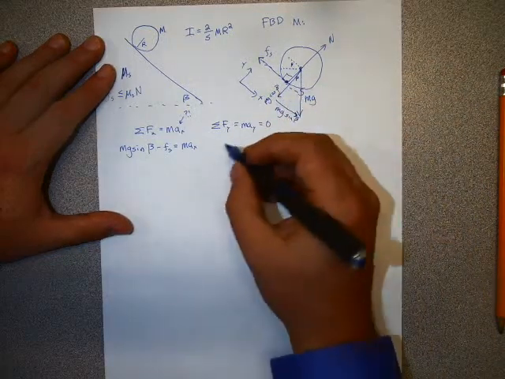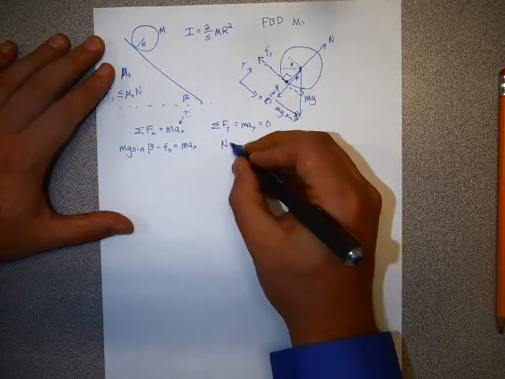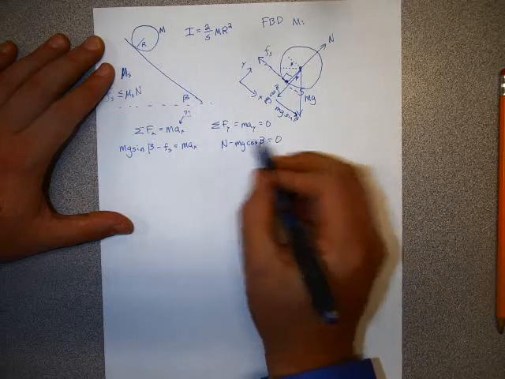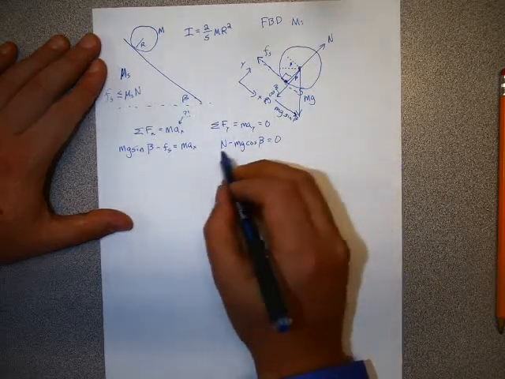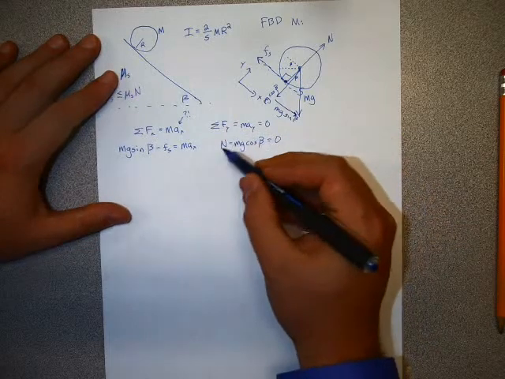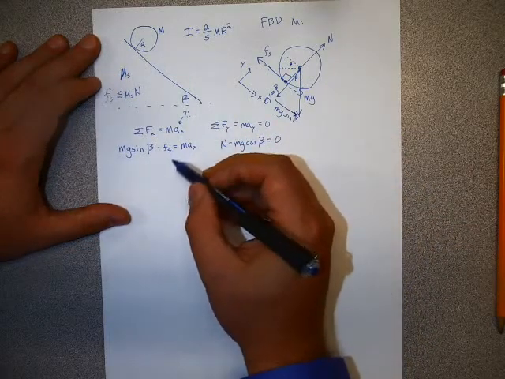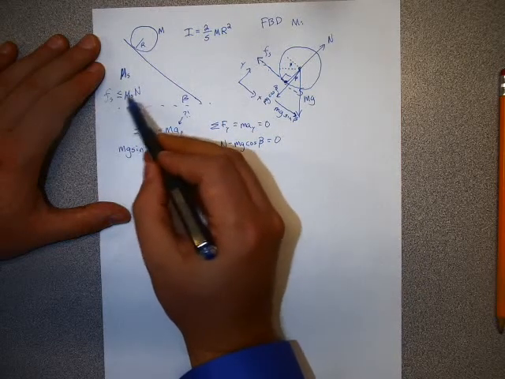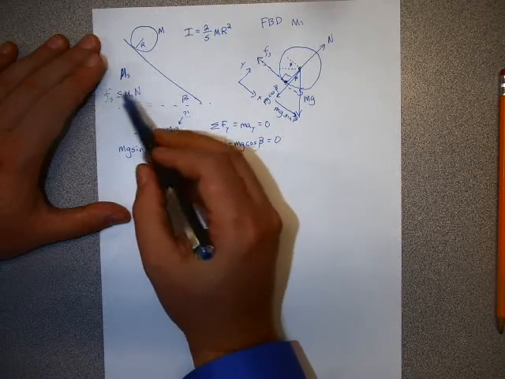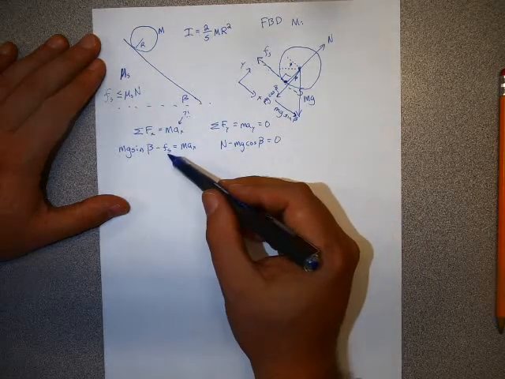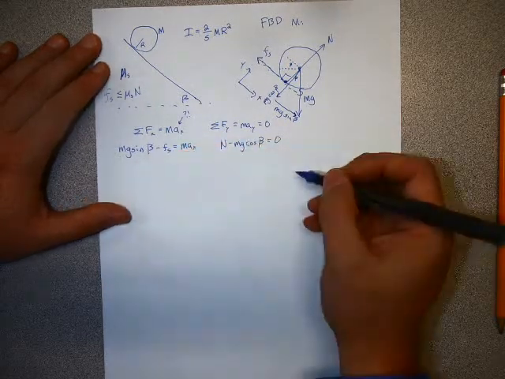So n minus mg cosine beta is equal to 0. Notice that this formula in the y direction tells us how big n is, which in the past we've been able to use to find the static friction. But in this problem, we don't know that the static friction is just equal to mu times n. So therefore, we can't use the normal force to find the static friction force. So we need some other approach.